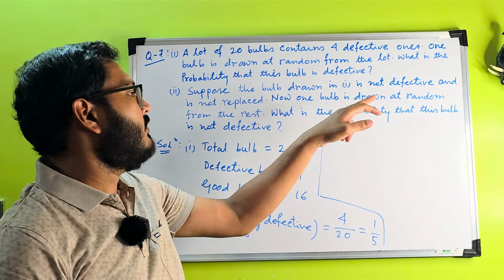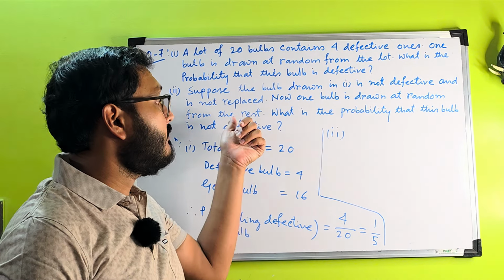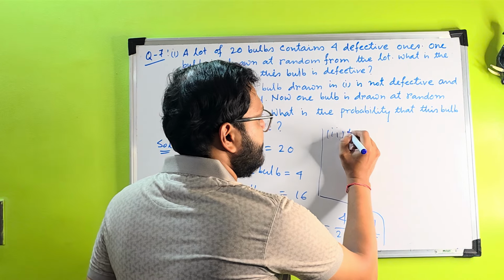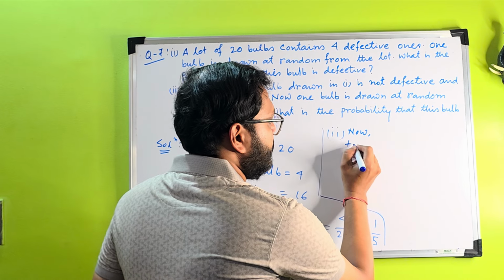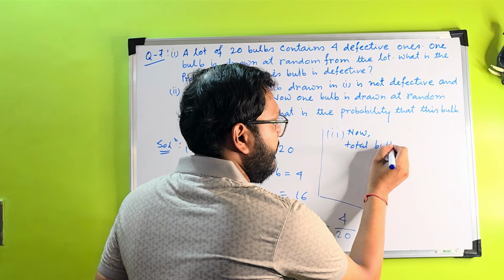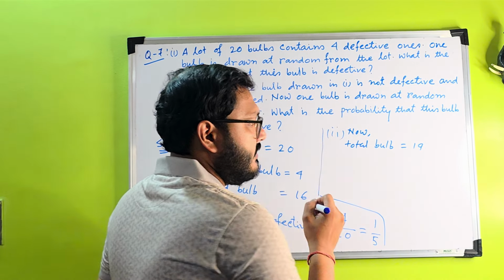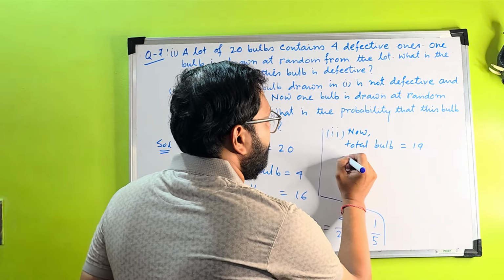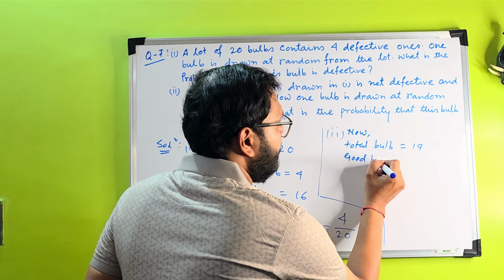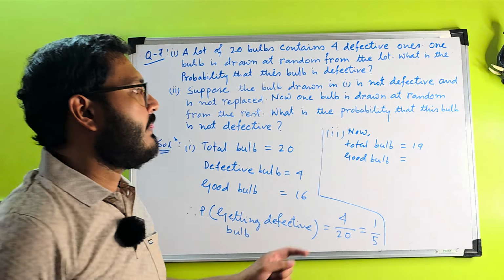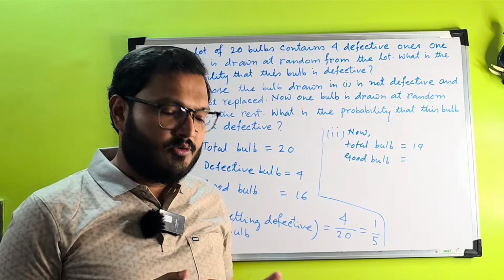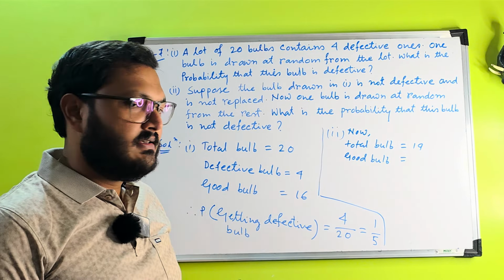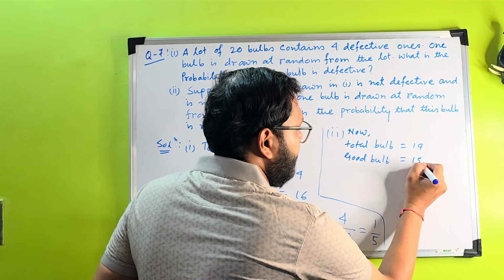Now one bulb is drawn at random from the rest. So how many are left? So now total bulb equal to 19, because what I already drew I didn't replace. Good bulb equal to how many? Not defective means the good one. Total good ones are 16, now 15.